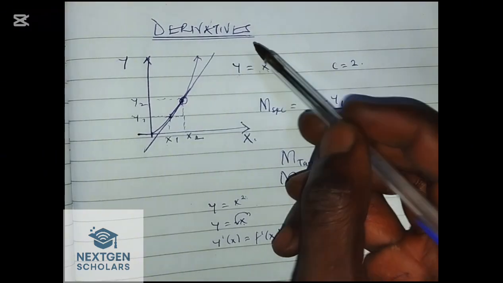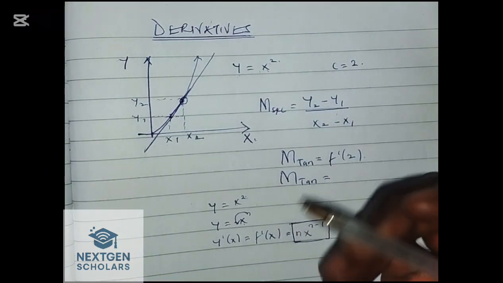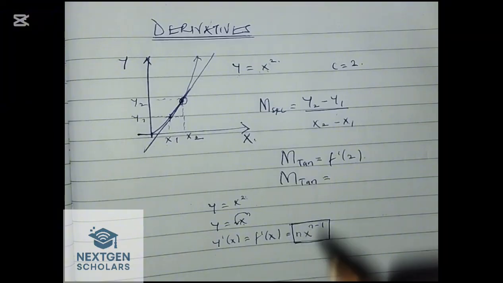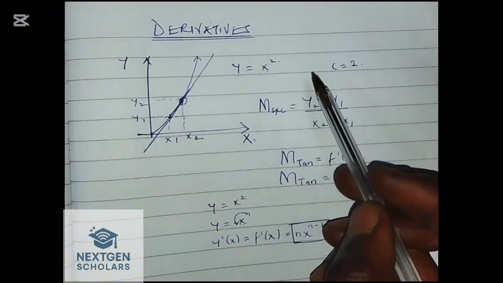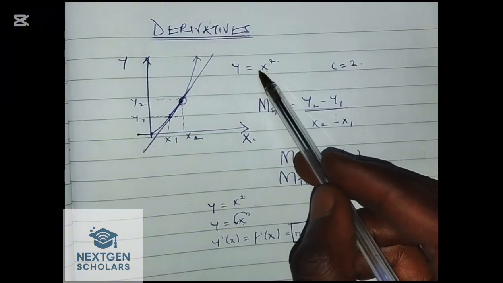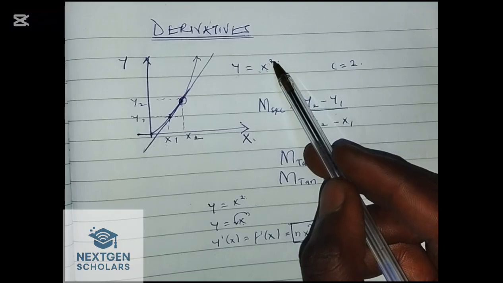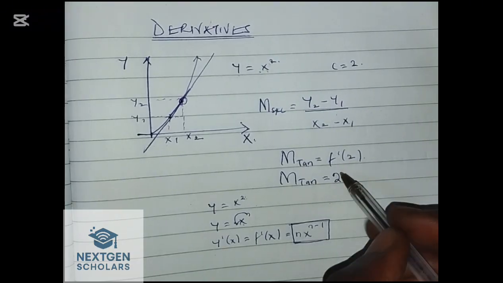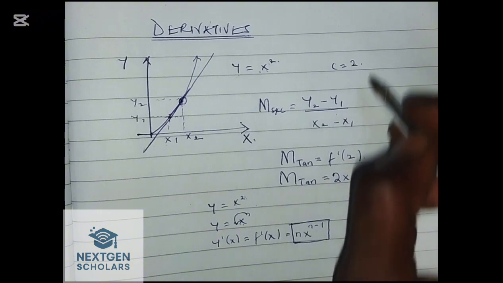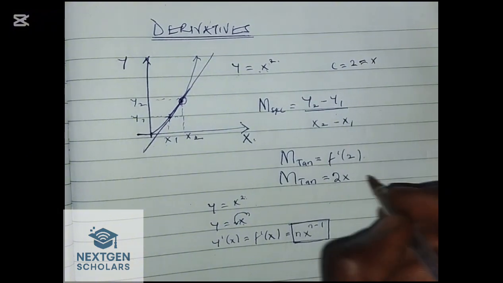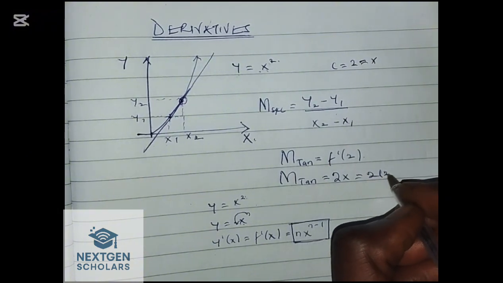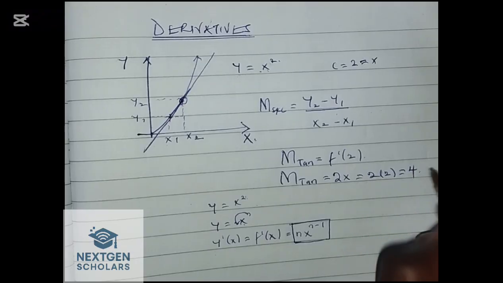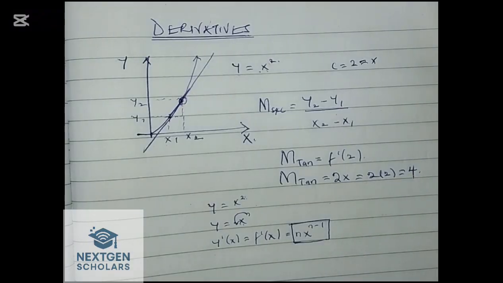Just like we have here a variable to a constant power, we can apply that rule. When we apply it, we multiply 2 by x and we get 2x, and 2 minus 1 gives us 1. That gives us 2x. At x equals 2, we have 2 times 2, which is equal to 4. Are you seeing that now?